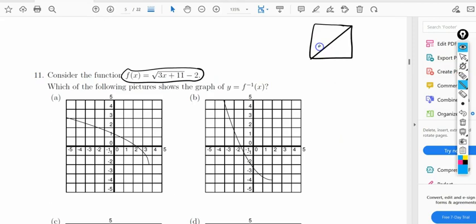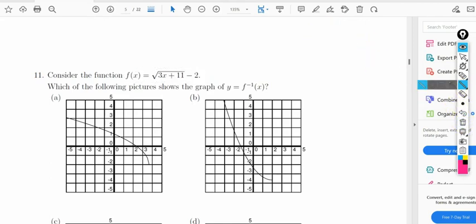So if your graph looks something like that, then the graph of the inverse is going to be symmetric with respect to this diagonal line I've drawn here. Something like that. So you can tilt your tablet or your paper to where this line is vertical, and they should be mirror reflections of each other. It's always the way to tell. Okay, so let's get this in our calculator.